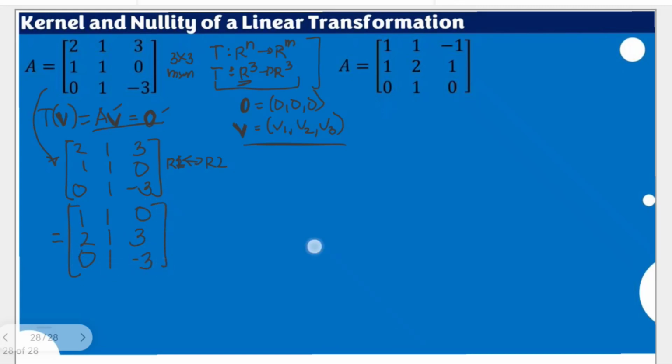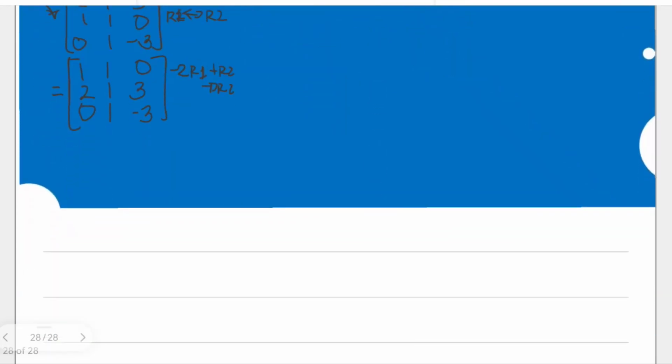Now let's try to multiply negative 2 to row 1 plus row 2 for a new row 2 to make this 0. Okay, so we'll have this correction here, 1, 1, 0 still. You will have negative 2 times 1, negative 2 plus 2, 0. Negative 2 times 1 is negative 2 plus 1 here is negative 1.